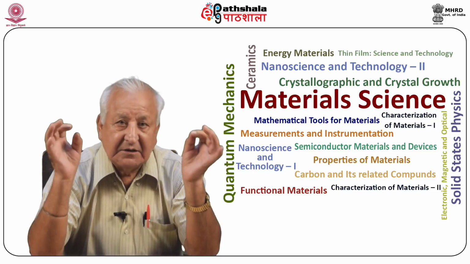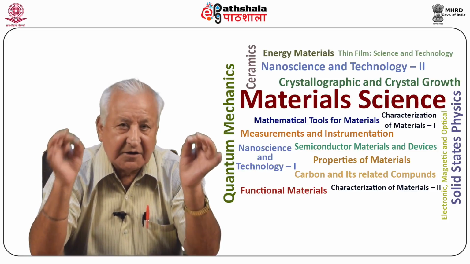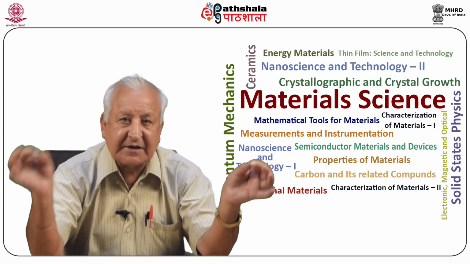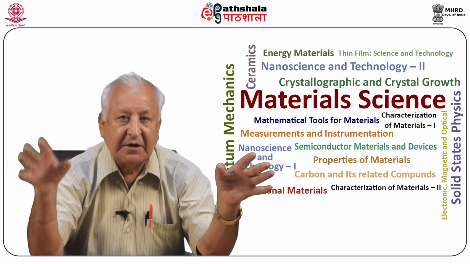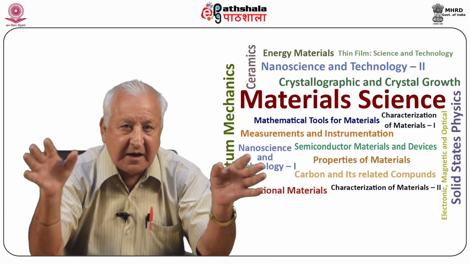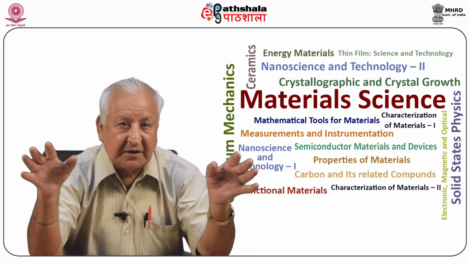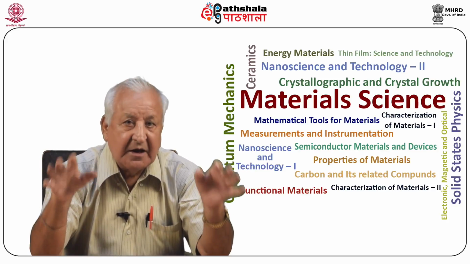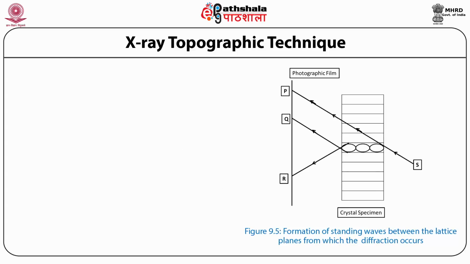As a result, the waves travel without any noticeable attenuation in the crystal, and on reaching the exit surface of the crystal get separated into direct and diffracted beams, making an angle of 2 theta B with each other, as is illustrated in the schematic diagram of figure 9.5. Figure 9.5 shows formation of standing waves between the lattice planes from which the diffraction occurs.